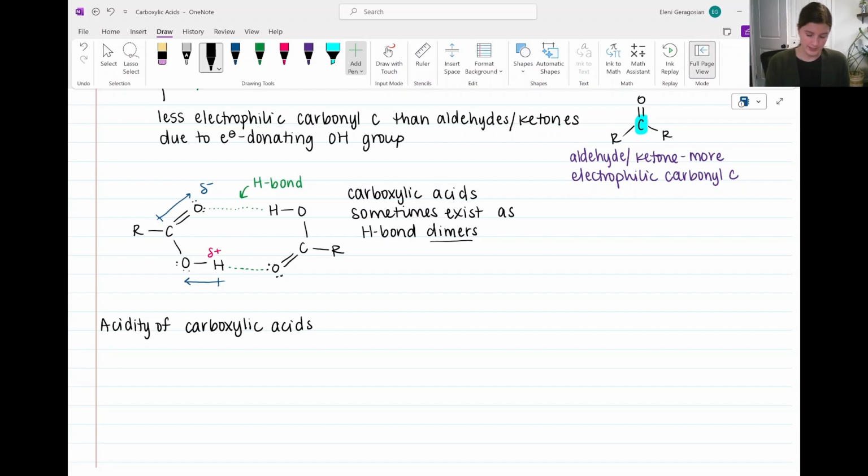And so here's an example. We'll go back to acetic acid. So vinegar is an acidic solution, and acetic acid is the main ingredient in vinegar, the main acid in vinegar. So this is acetic acid.